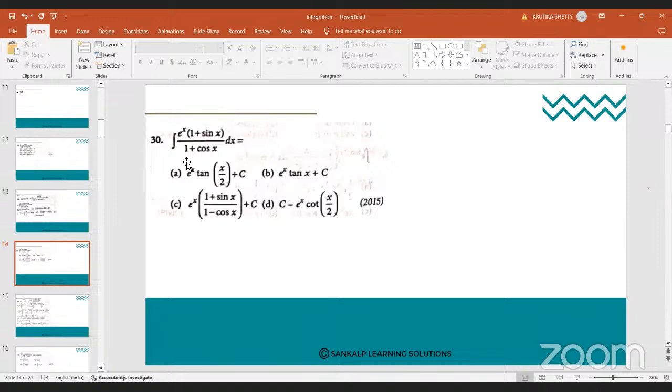In the same exercise, there is a formula for integration by parts. Using that formula, we can simplify this.